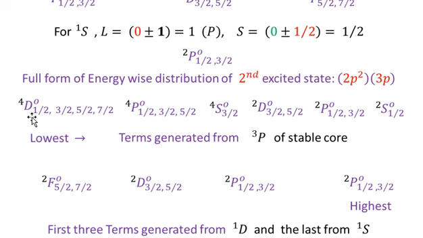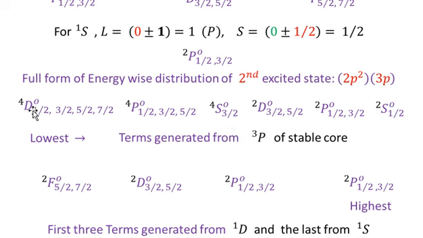So this 4D term will be lower in energy in comparison with the 4P terms, and the total quantum numbers J of the atoms have been arranged. The lower one has lower energy, and the higher one, for example 7/2, has the highest energy for these 4D terms. Similarly, the next term is the 4P terms, and the next to that one is the 4S terms.